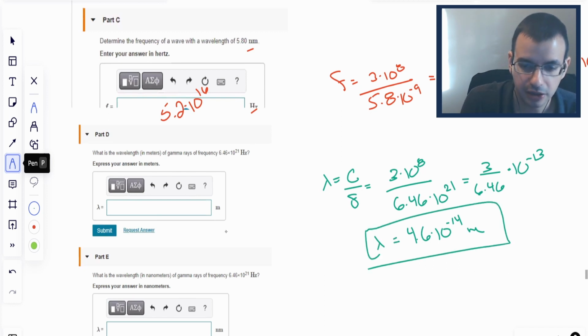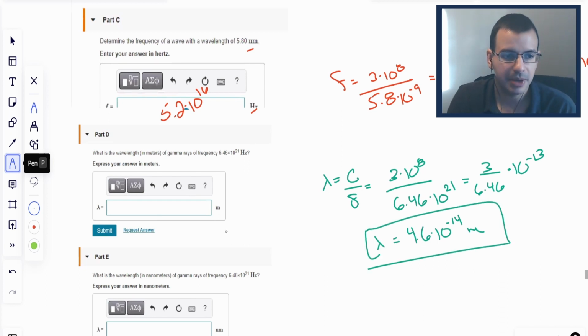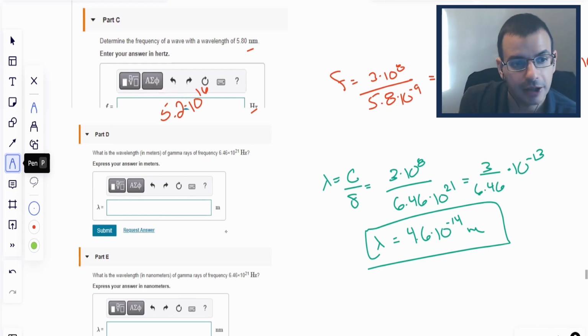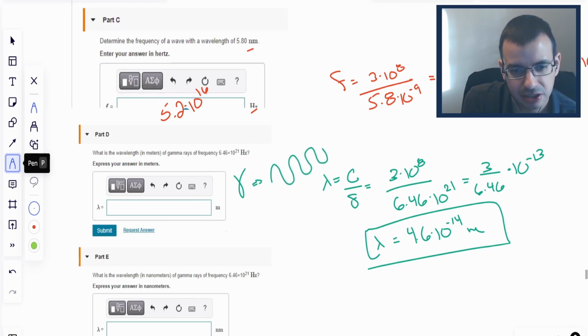So one thing that you'll notice is that basically the energy associated, and we'll get to that in later problems, the energy associated with an electromagnetic wave, I'll write it as E gamma for a photon, it has to do with how compressed the wave is.